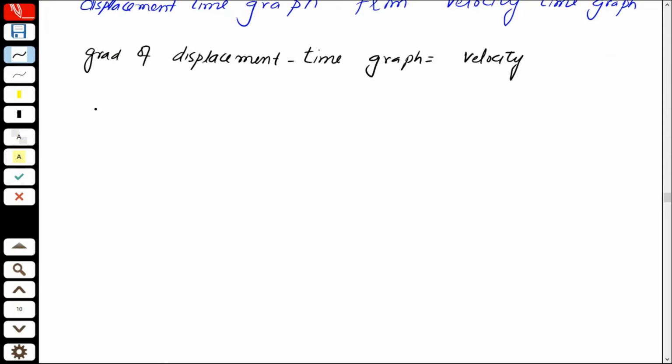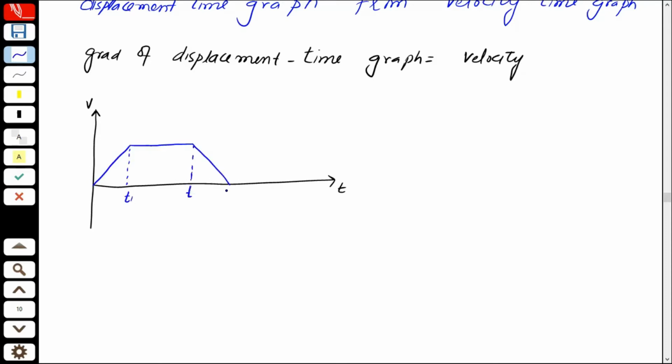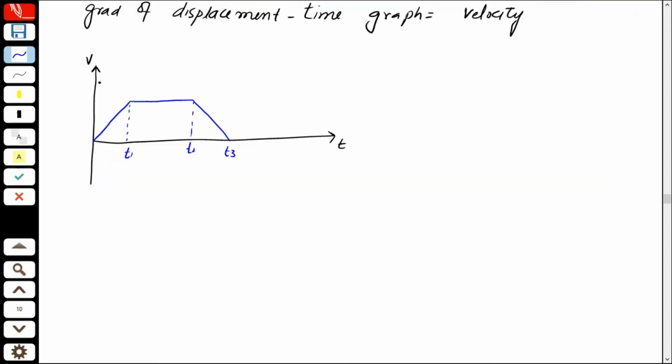Let's suppose we have this velocity time graph and we have to sketch the displacement time graph.